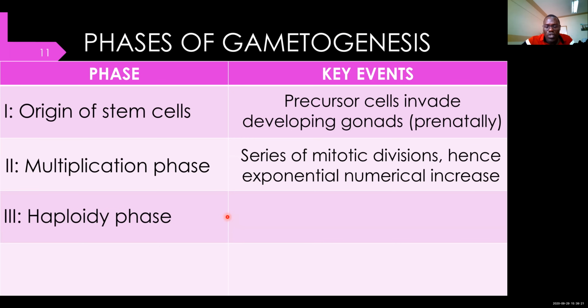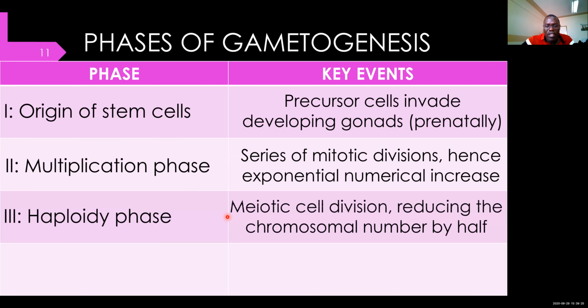So it's a period of reduction of the chromosomal content by half, and the process of doing this is to take them through meiotic cell division. My question to you is, why should we have these gametes having half of the number of chromosomes? What is the importance of making them have half the number of chromosomes? Anyone?